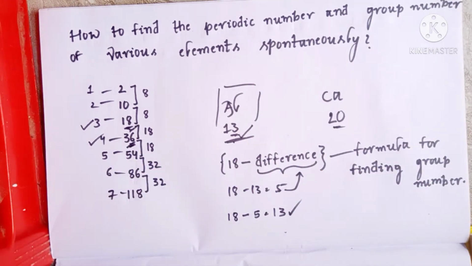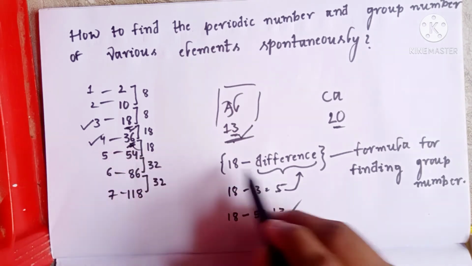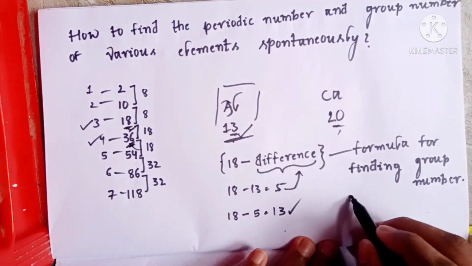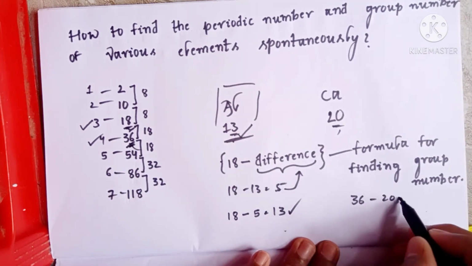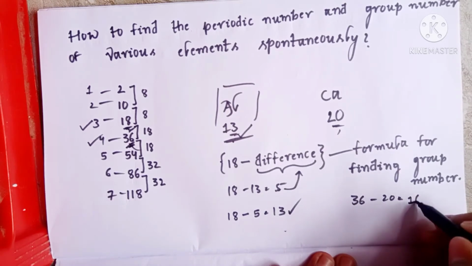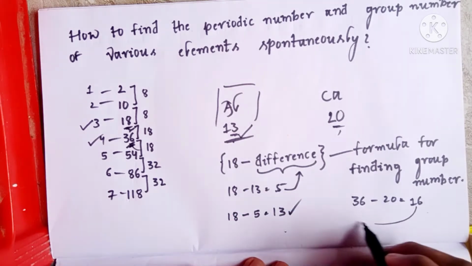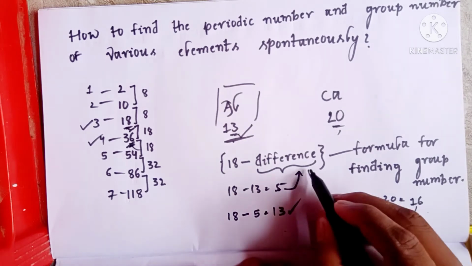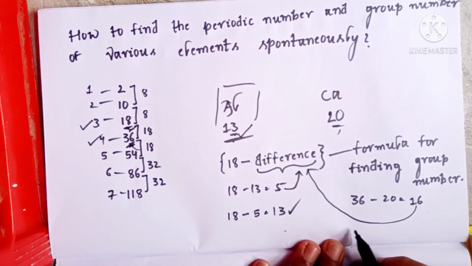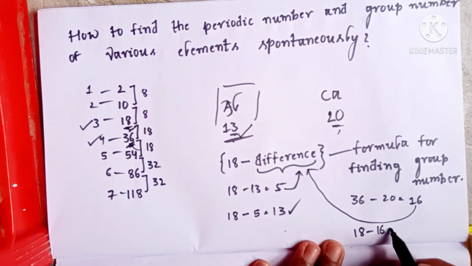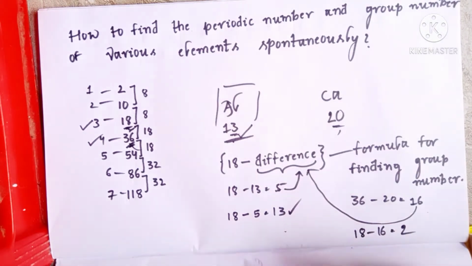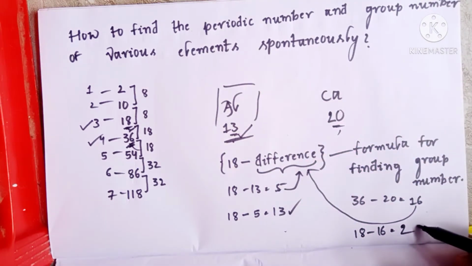So now you need to find the difference between 36 and 20, that is 36 minus 20 is equal to 16. Now you need to substitute this difference in our formula. Now 18 minus 16 gives us 2. So friends, calcium belongs to the second group.